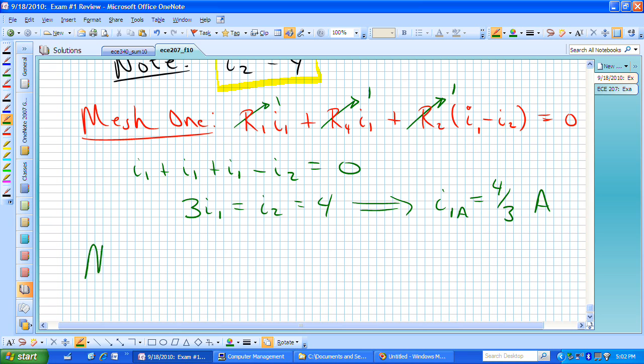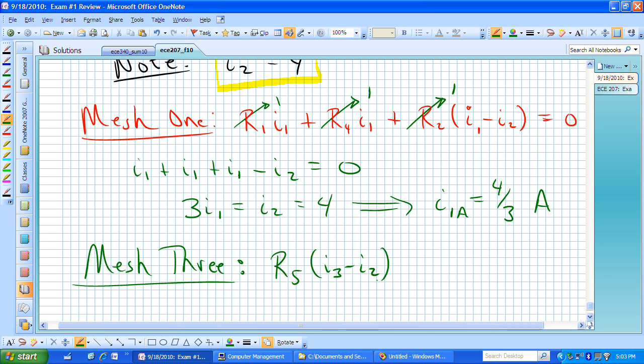Now we can write KVL for mesh 3, and starting in the lower left hand corner we then have R sub 5, I sub 3 minus I sub 2.